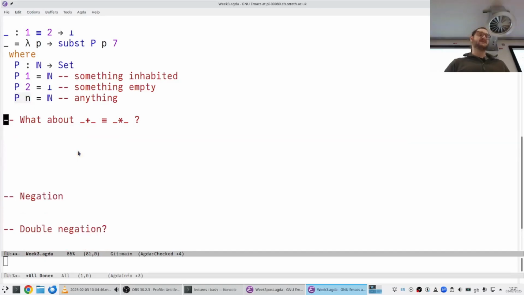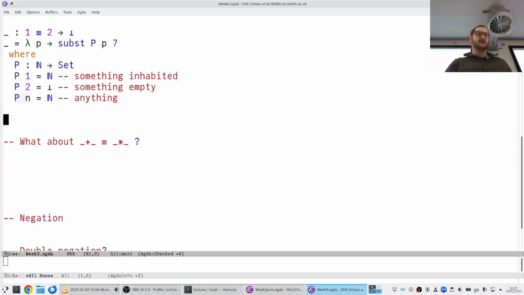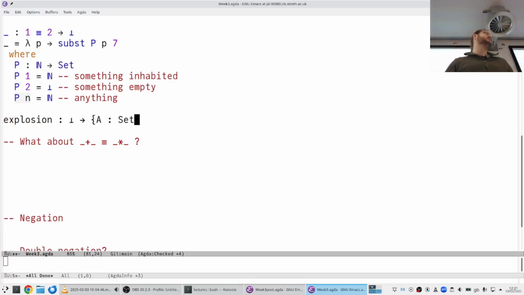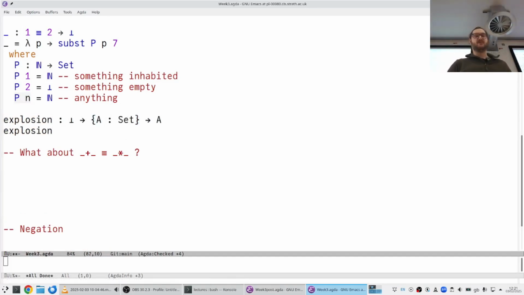So if you have a proof of the empty type, then you can get a proof of anything you like. So you get to pick this A, arbitrary A, and you will always be able to produce a value of that type. Of course, the idea is that because it's impossible to build such a value, all of the branches in which you will get your hands on the proof of the empty type will be sort of dead code.